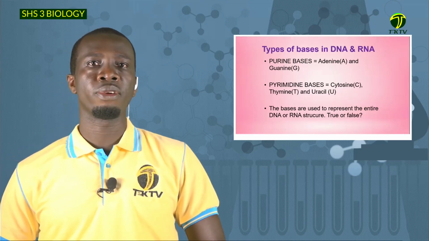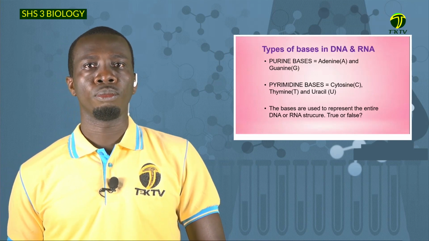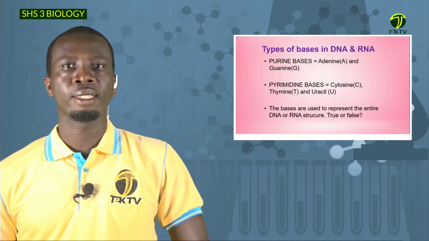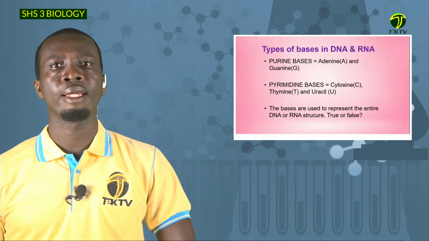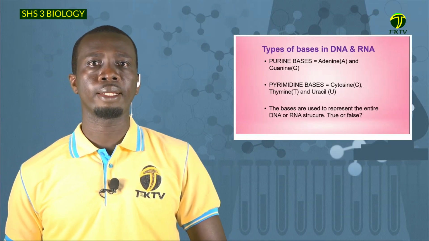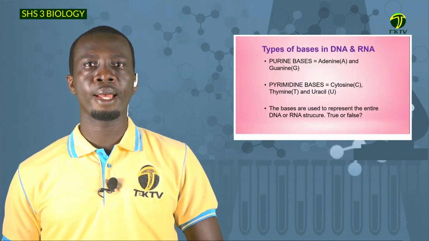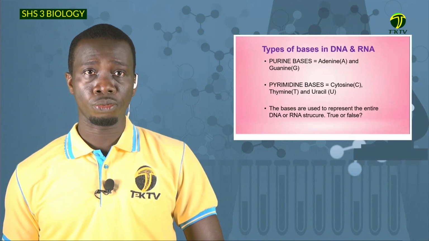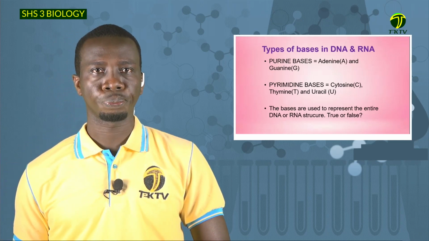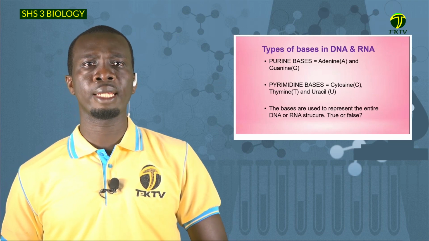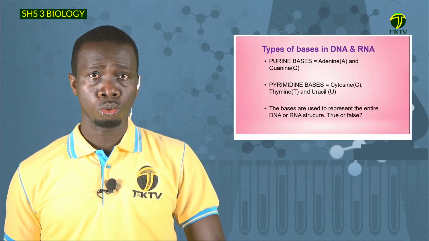So the main differences are centered on the bases. So we will be writing the DNA structure later using the alphabet in the brackets. That is why we've structured them like that. So we should always remember that the alphabet in front will go with the names of the type of bases. So the bases are used to represent the entire DNA or RNA structure.